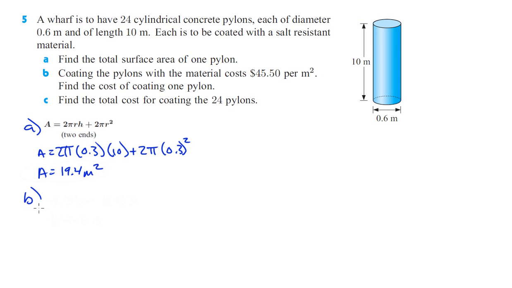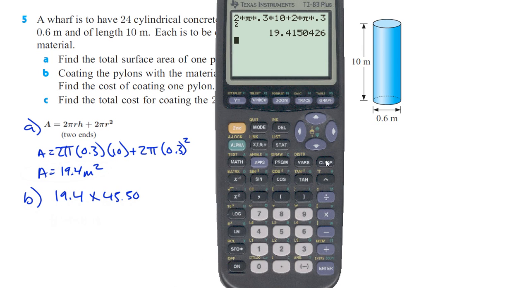Okay. Part B says you got to paint the pylons, and the material that you coat it with is $45.50 a square meter. So we got to figure out how much it costs just to coat one pylon. So we got to take our 19.4, multiply it by 45.50, and then away we go, right?